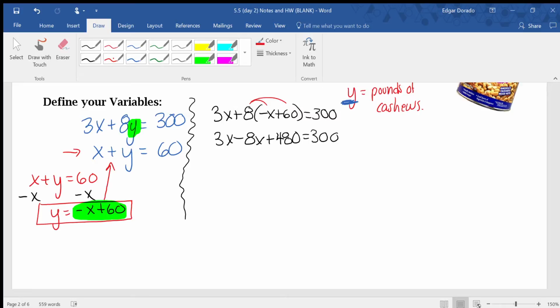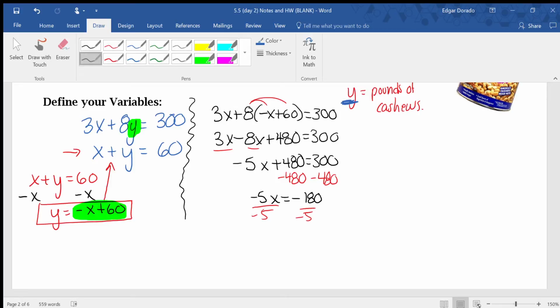I have two like terms here. I can combine those to get negative 5x. I have to get the x by itself, so let's get rid of that 480 before I get rid of that 5. So I get negative 5x equals negative 180, divided finally by negative 5.